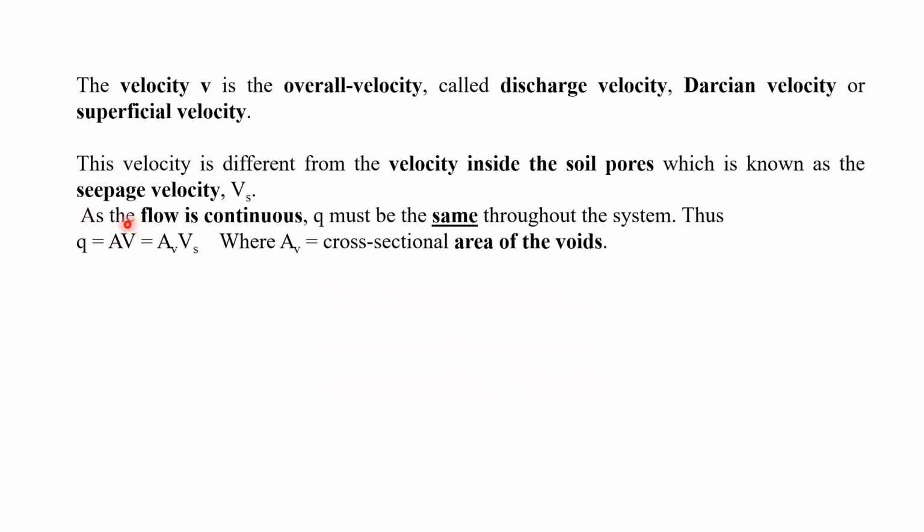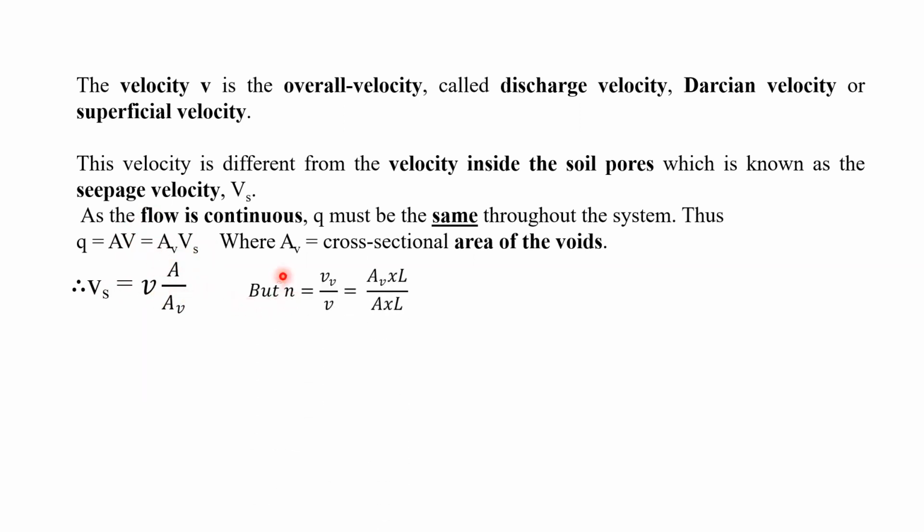So discharge is equal to Av. A is the cross-section area of the soil sample, and v is the velocity of water flowing through the soil media. And here we consider only the cross-section area of the voids, Av, and seepage velocity. Since the flow is continuous or steady, we can consider both as equal. So Av is equal to Av into vs. So vs we can write as v into A by Av.